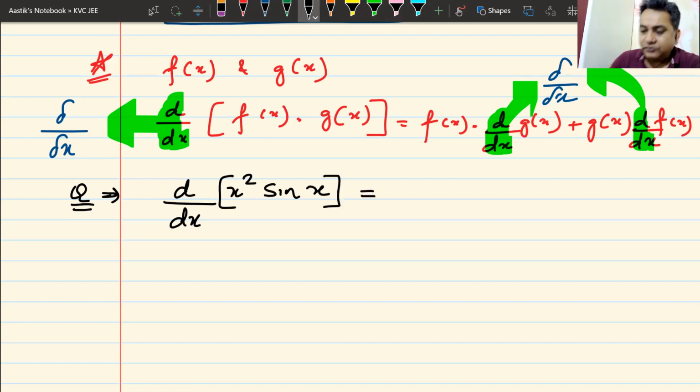If you can do it on your own, well, you must congratulate yourselves that you have applied the formula correctly. If not, I'm always there to help you out. Don't worry. A minute, 2 minutes. x squared cos x plus sin x times 2x.